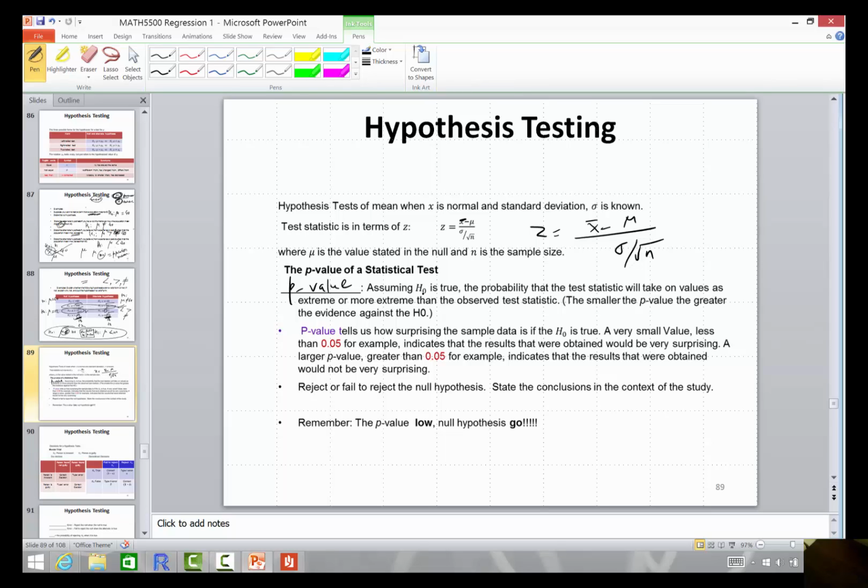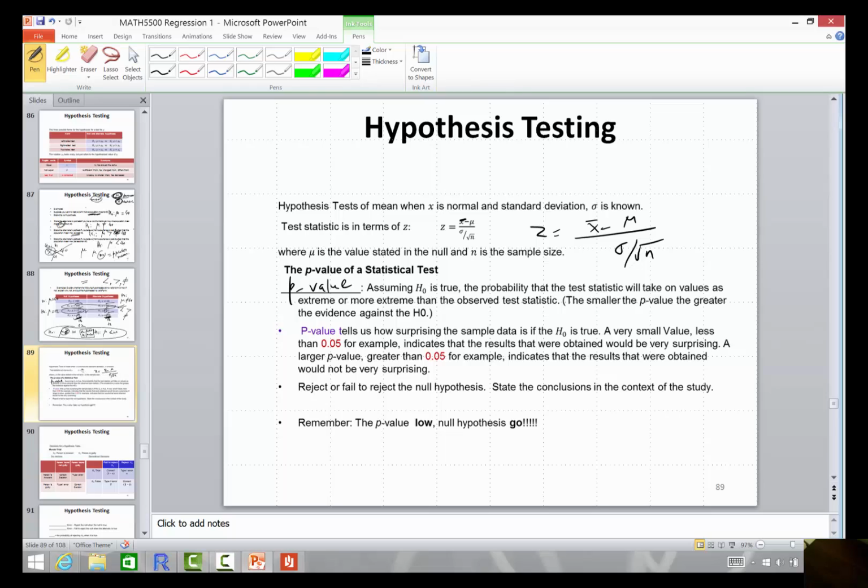Assuming the null hypothesis is true, what is the p-value? The p-value is the probability that the test statistic will take on values as extreme or more extreme than the observed test statistic.